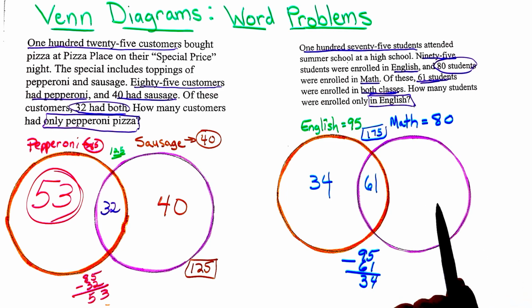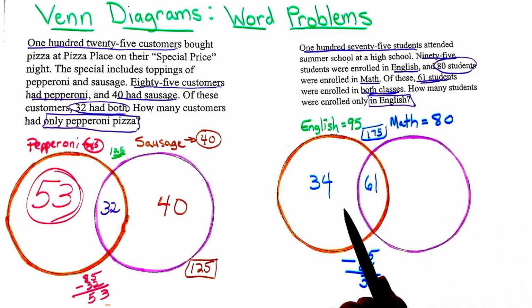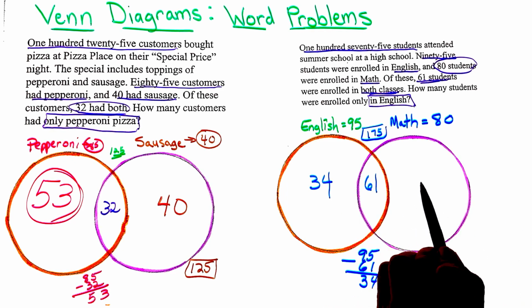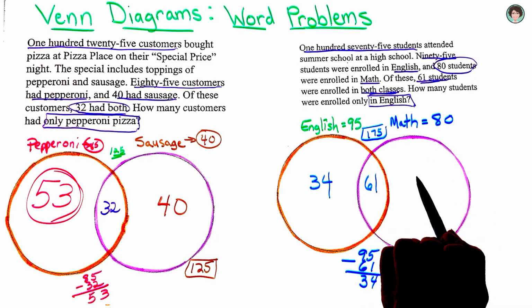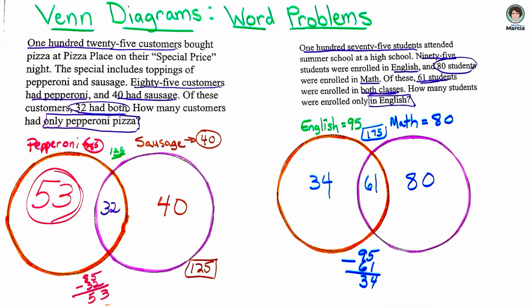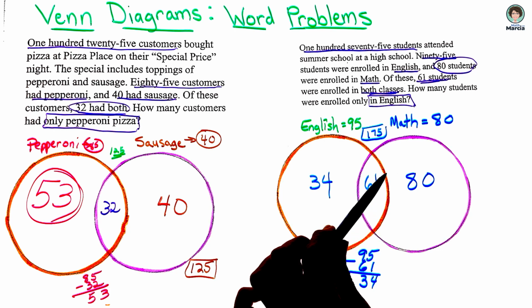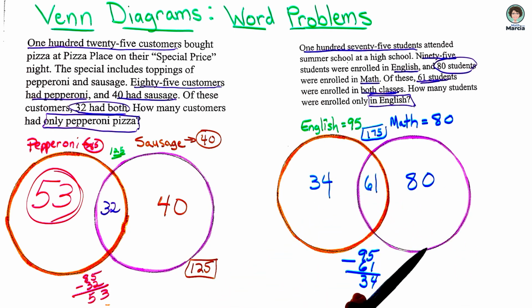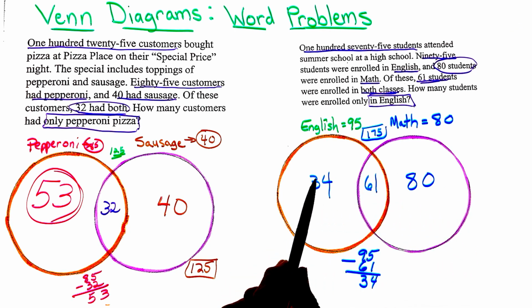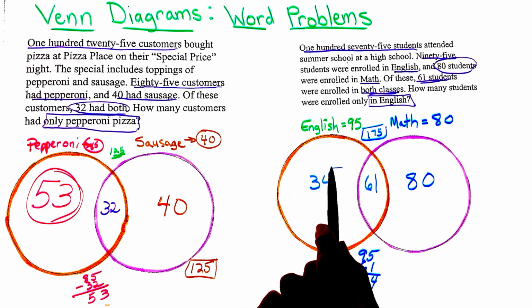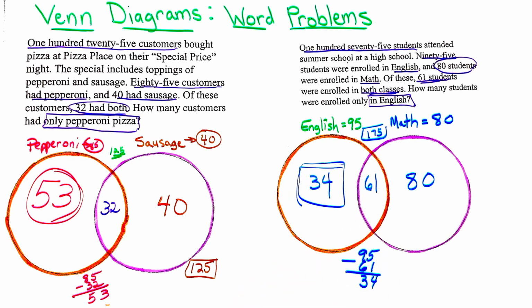And when you go ahead and do that math, you add your 34, your 61, and notice we did say 80 students had math. So this would be your numbers, and it does add up to 175. The question only asked for English, and there is your answer.